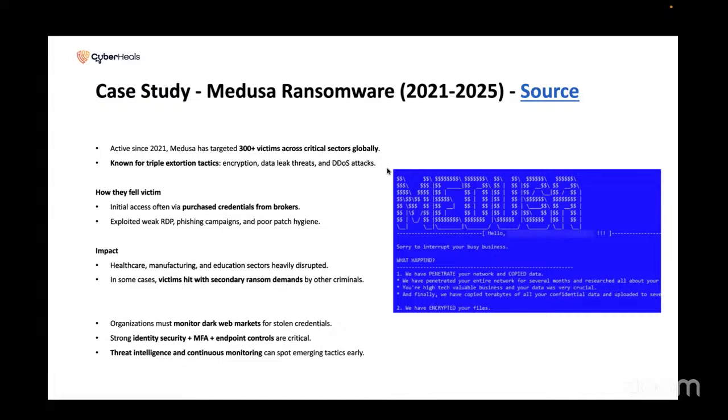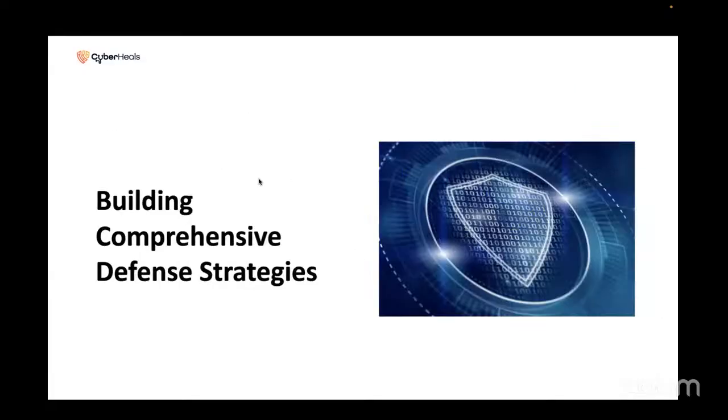Encryption, data leak threats, DDoS. How did they fall victim? They purchased credentials from a broker. They exploited weak RDP, remote desktop. RDP is a Microsoft protocol for remote desktop. Victims were hit by secondary ransomware. So this is another one, the mid-USA ransomware.